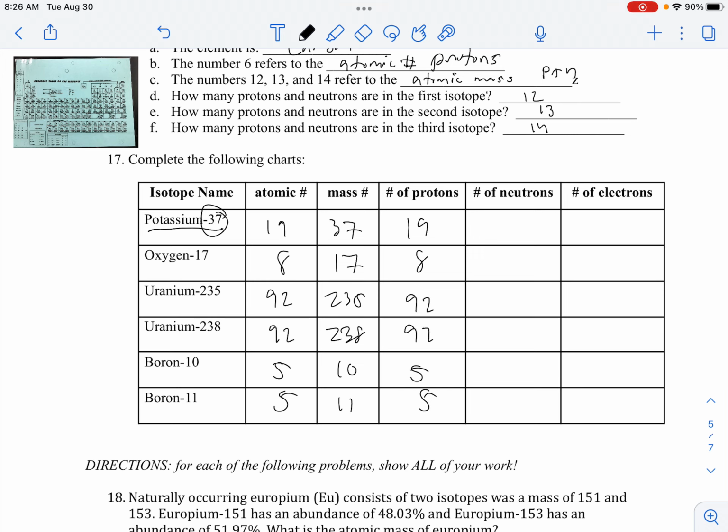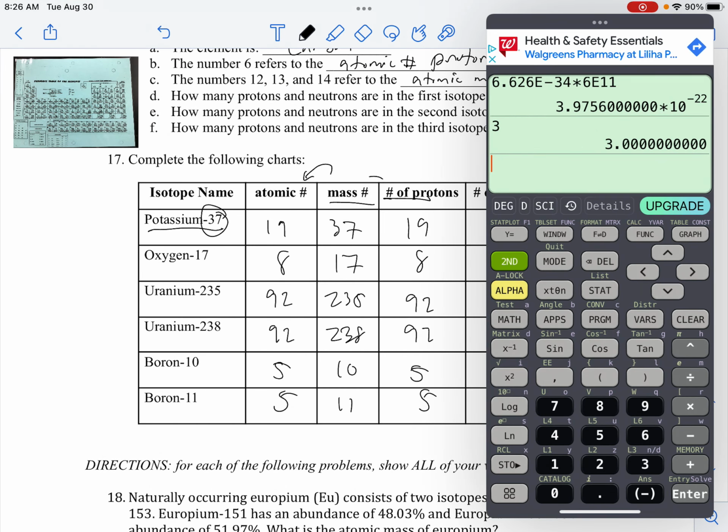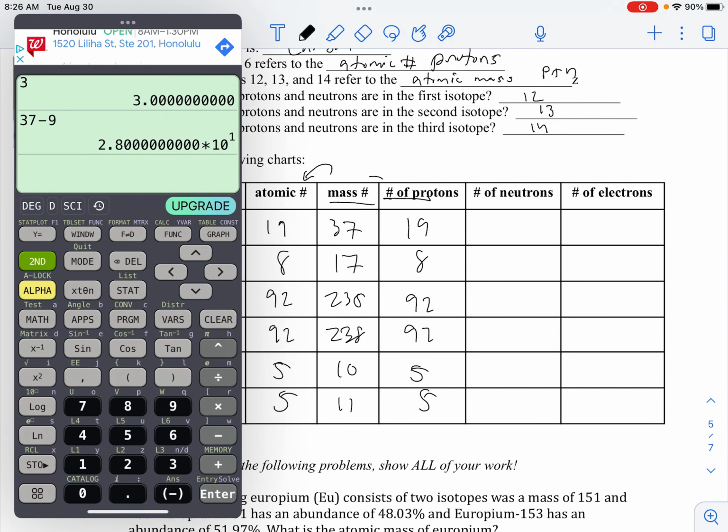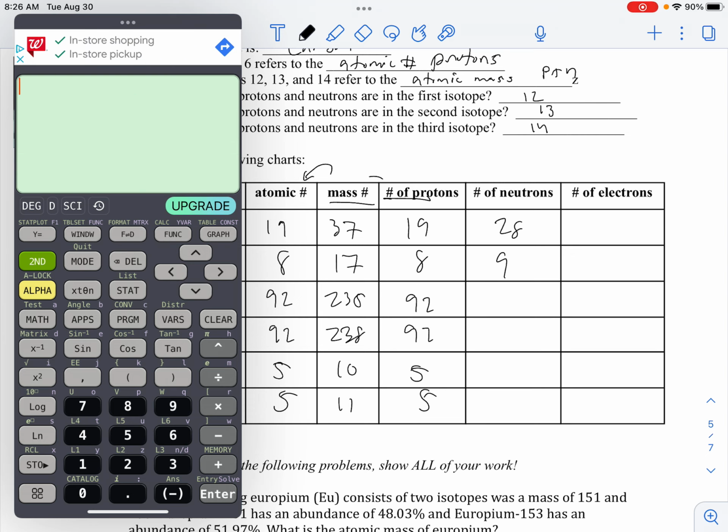Number of neutrons is the mass number minus the atomic number, or the number of protons. So 37 minus 19 is 18. 235 minus 92, 143.